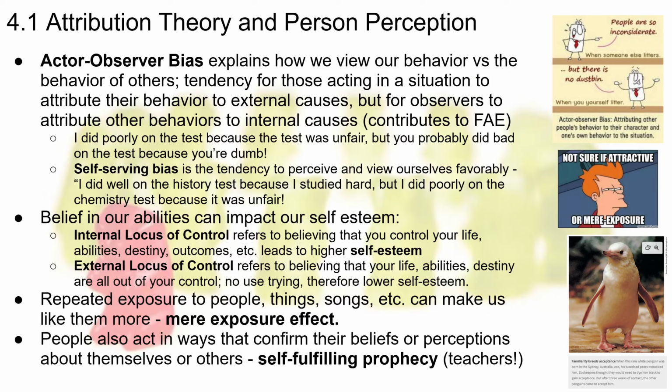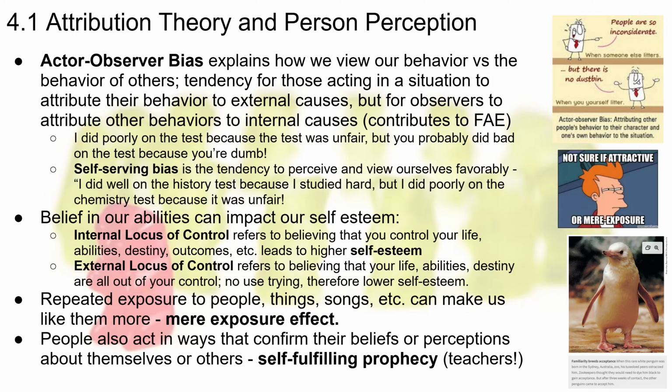The last related topic is something called the self-serving bias, where, when we're just talking about our own accomplishments and not other people, we're more likely to make attributions that favor ourselves when we have successes, and push the blame off on us when we don't have successes. You can see the example here.